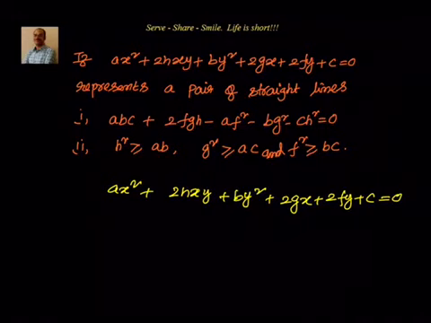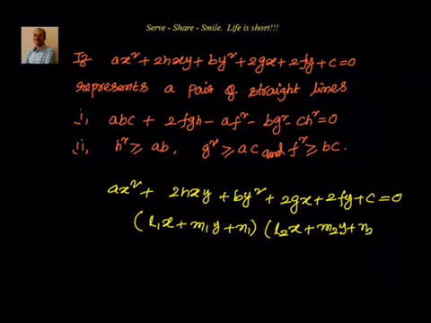Now, if this represents a pair of straight lines, then can I write them as a combined equation of two straight lines like (L1x + M1y + N1)(L2x + M2y + N2) = 0.